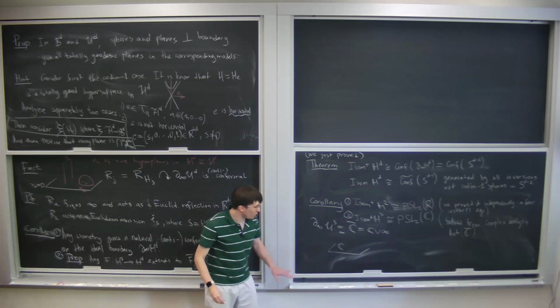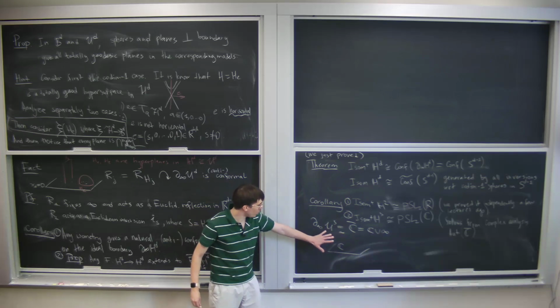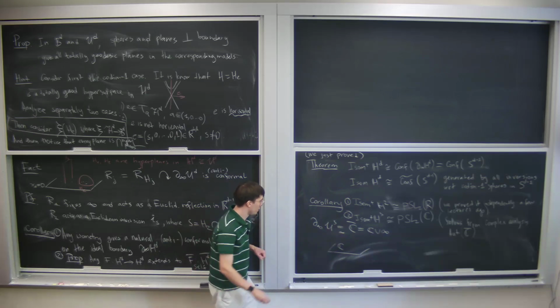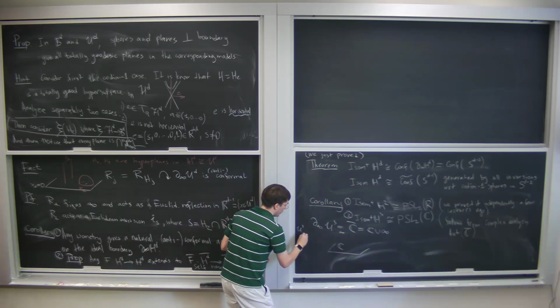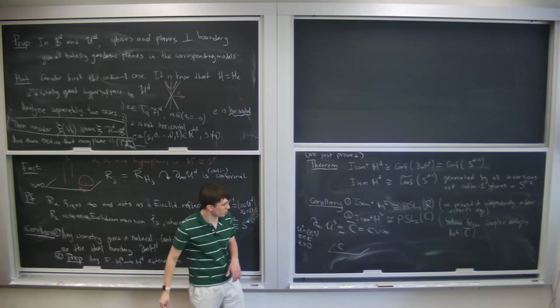I can view U3 in the upper half space model as (z, t), where z is complex and t is positive, right?